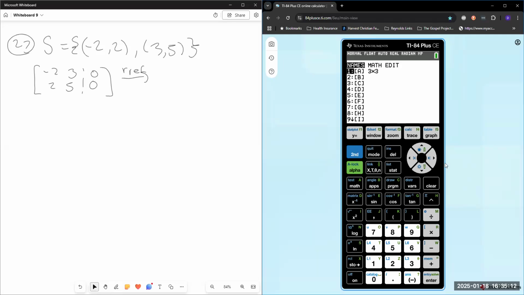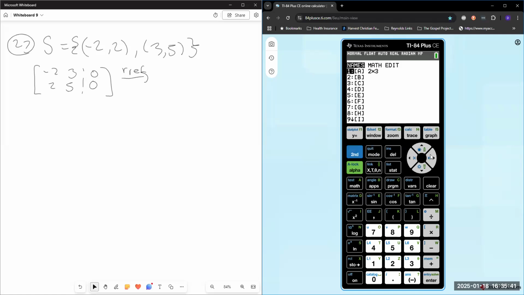So second matrix, edit 2 by 2, and sorry, 2 by 3. So I need to get that row of zeros. So that's -2, 3, 0, 2, 5, 0. That column of zeros is there for my constants.